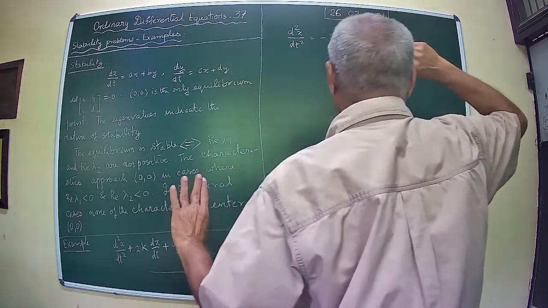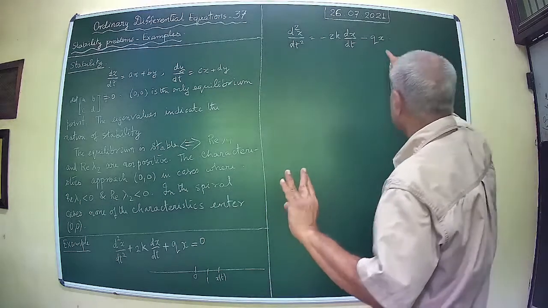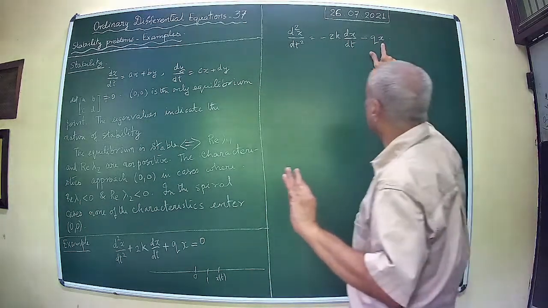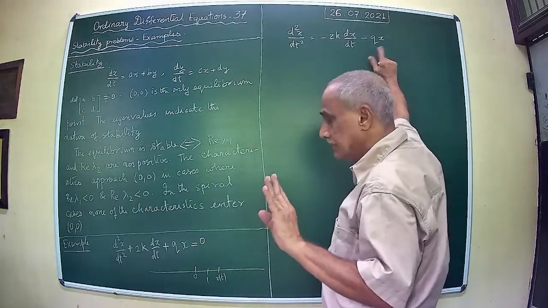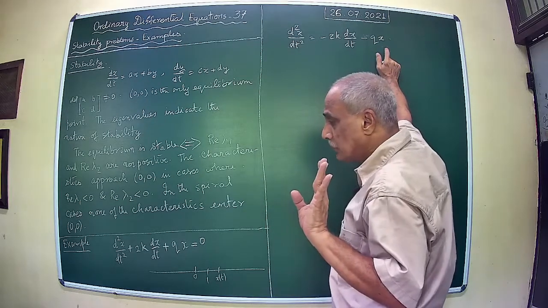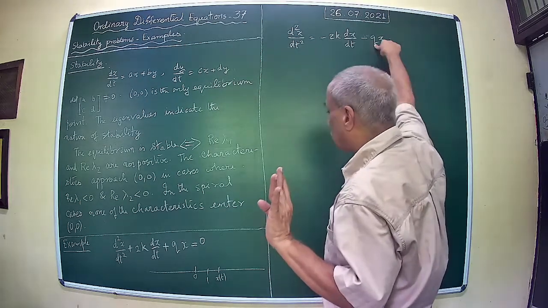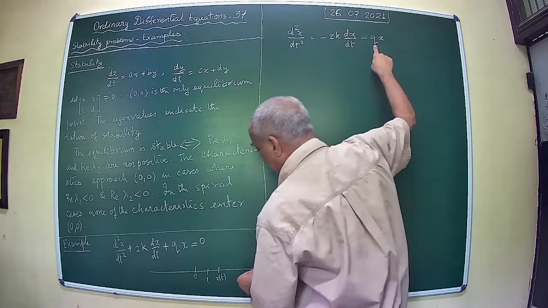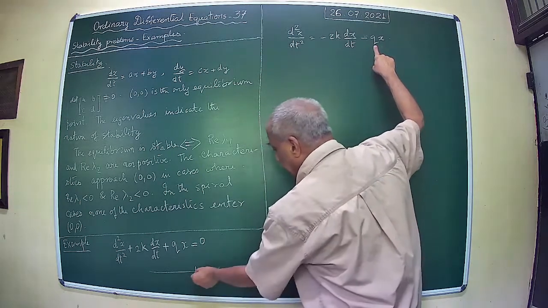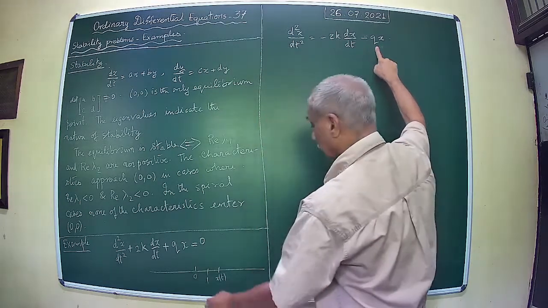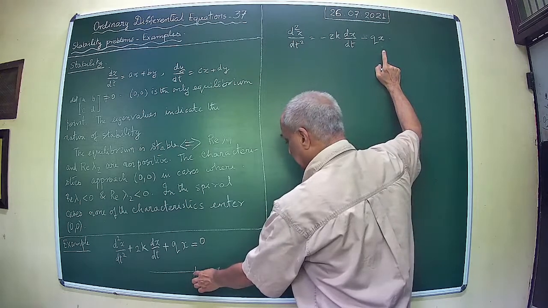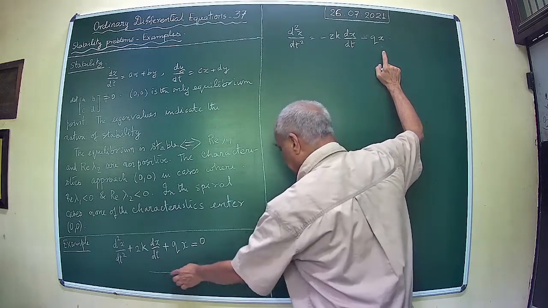There are two factors for the force. One is proportional to x, of the form minus qx. If q is positive, then it is a pull back to the center from the point where it has started, and once it crosses that, it comes back.